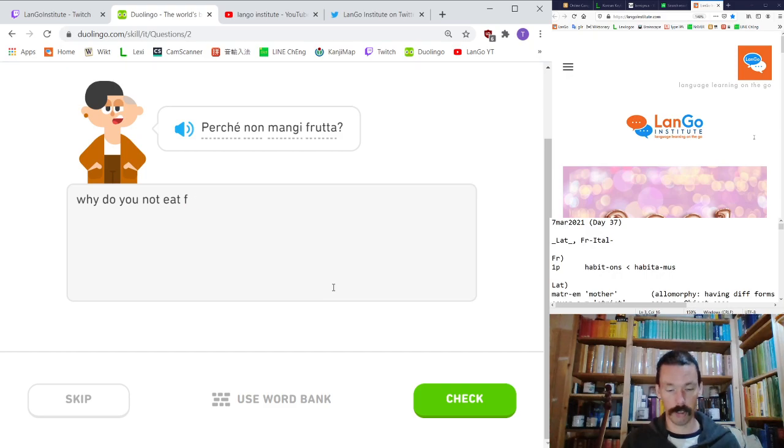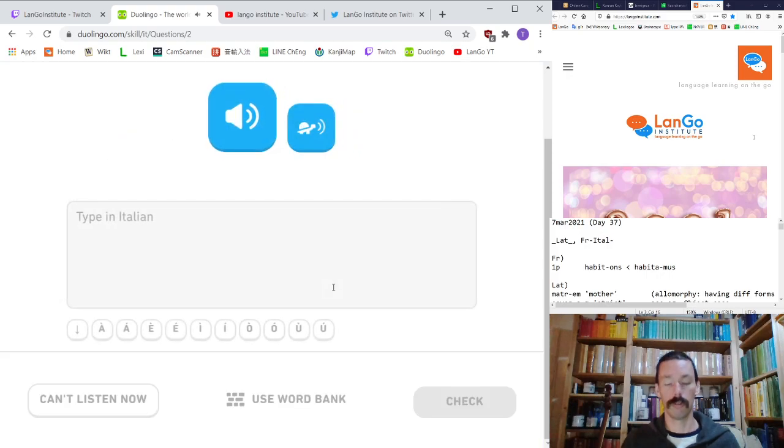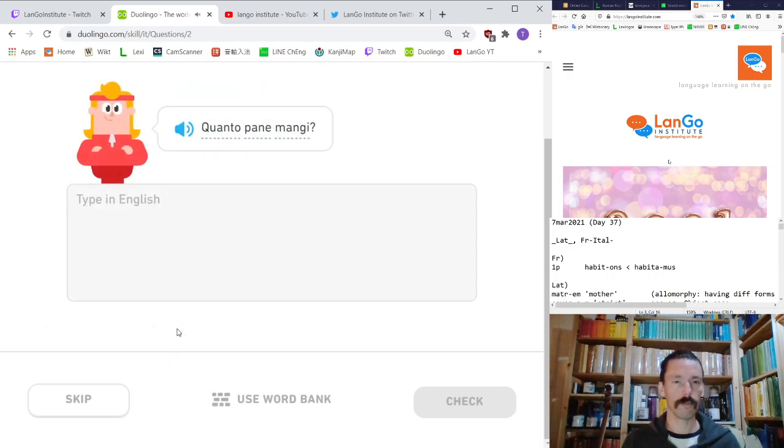Just put indefinite singular, a mass noun here. Fruit. Perché no? Perché, I think it has an accent. Perché no sounds like a question. Why not? Quanto pane mangi? Quanto and pane are in singular. We'll translate how much. Pane, bread.